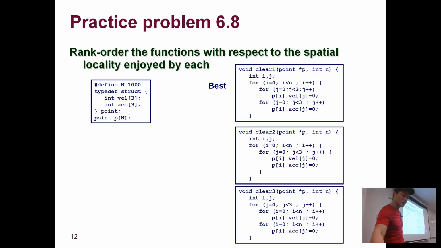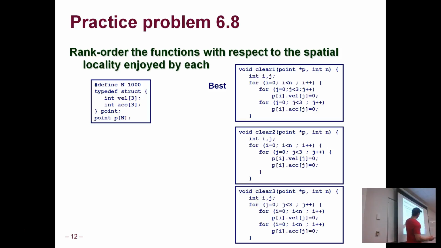So this immediately eliminates the one at the bottom, right? This is saying, I'm going to do this by dimension of the velocity and the acceleration, and then I'm going to cross over all the different points. And then for the next dimension, I'm going to cross over all the points again. That's the worst. Then these two both cycle through points; it takes a point first, so it sequences through the points in the outer loop.